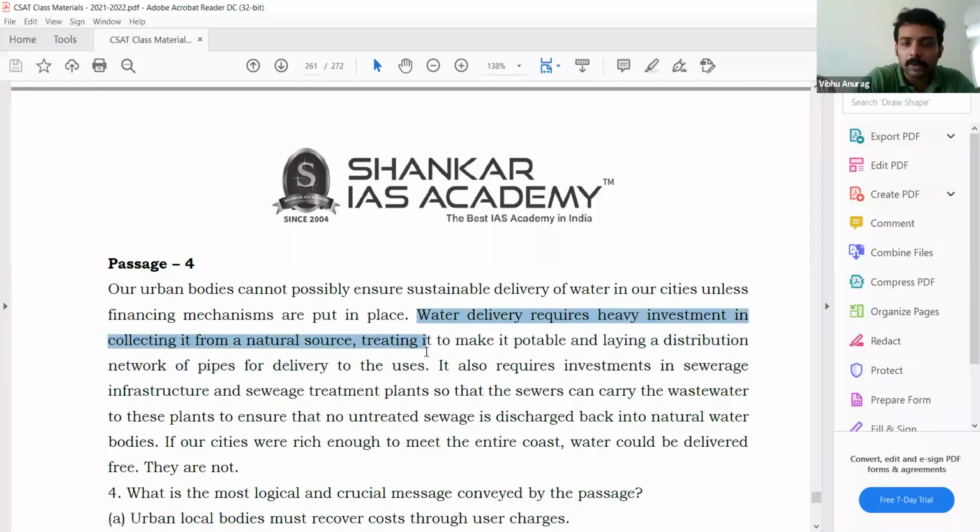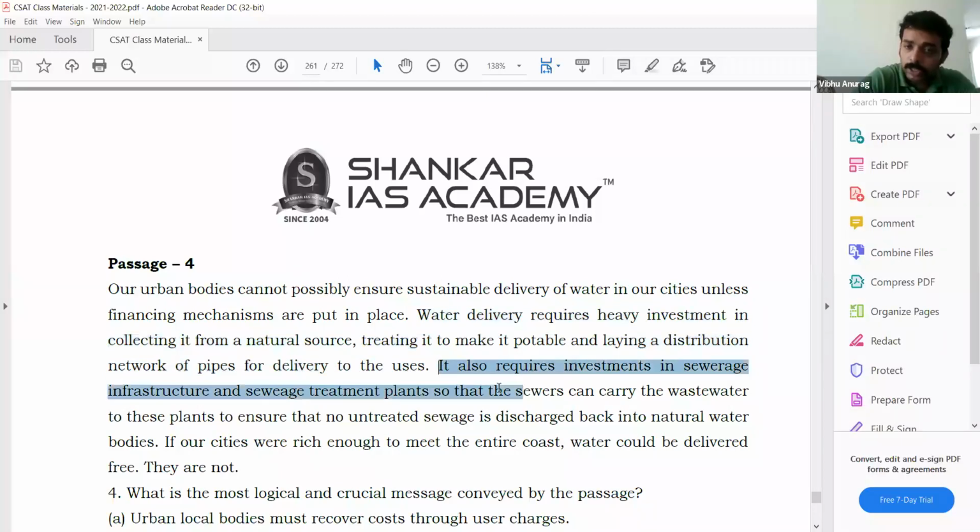It also requires investments in sewerage infrastructure and sewage treatment plants so that the sewers can carry the wastewater to these plants to ensure that no untreated sewage is discharged back into natural water bodies.